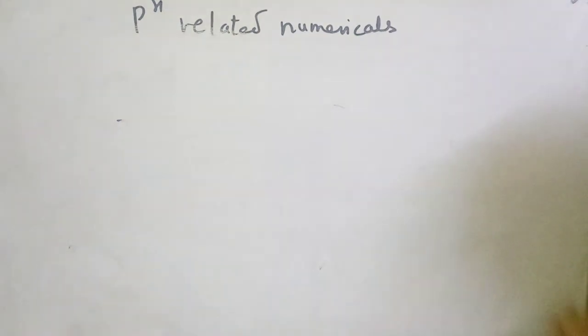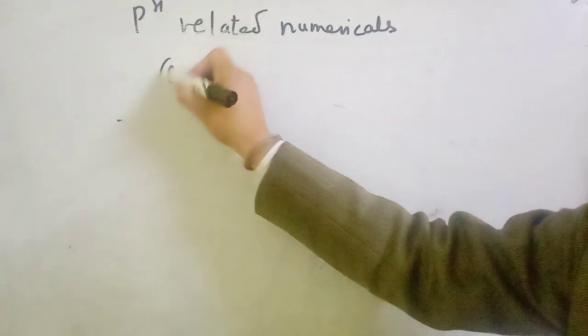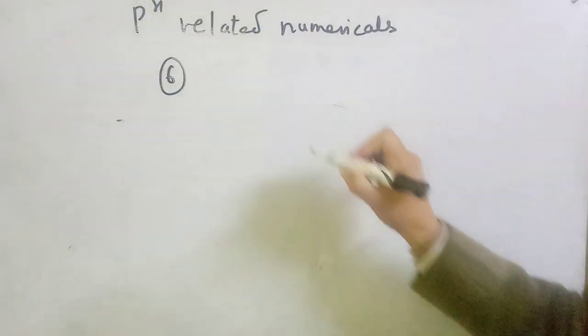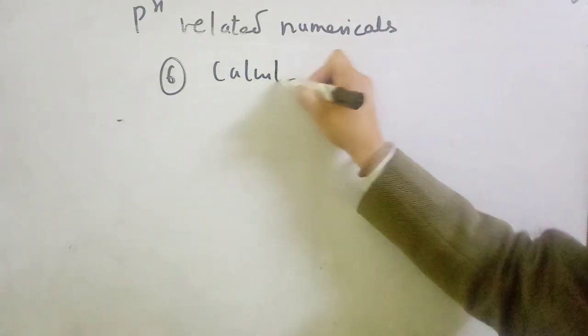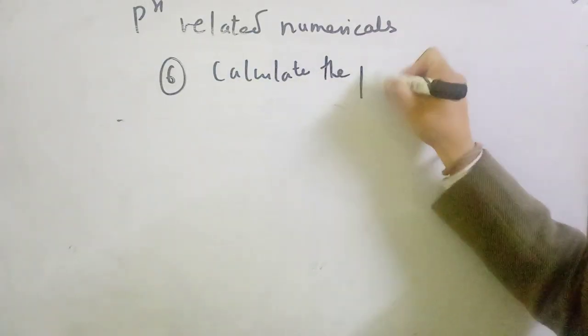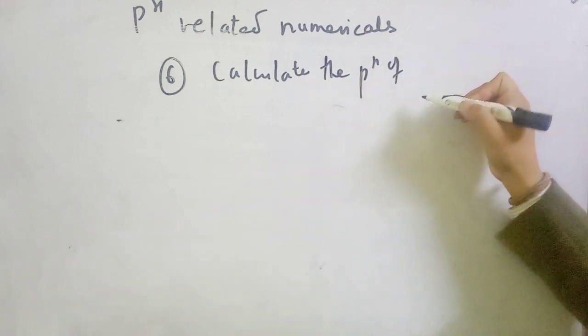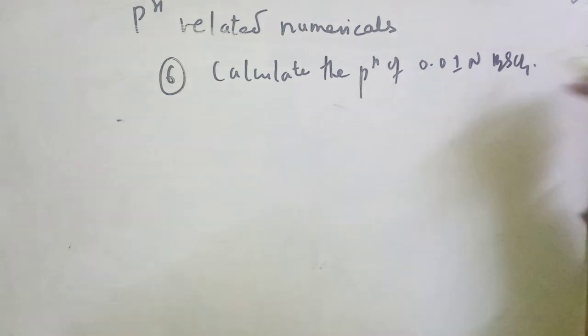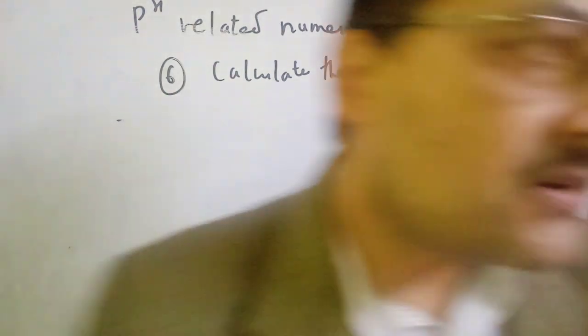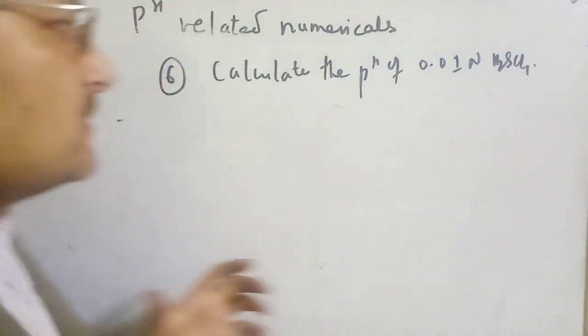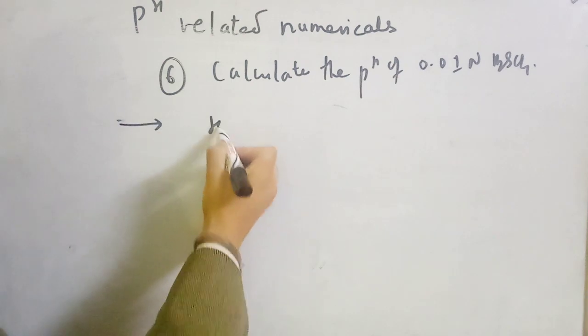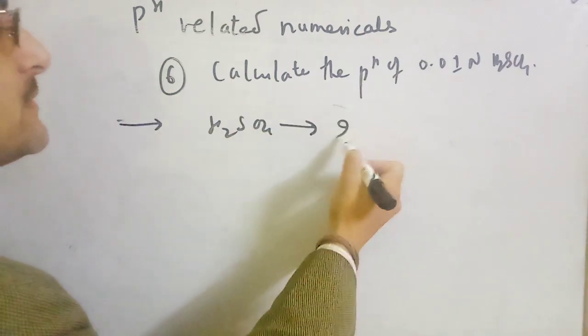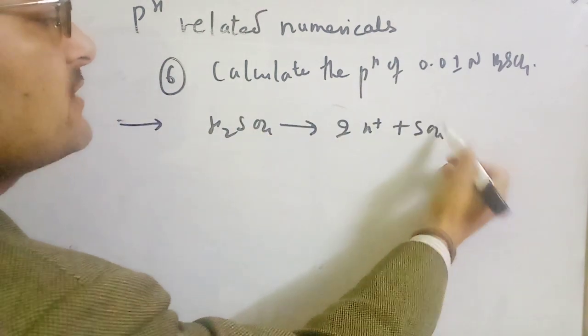Now I go to number 6. Okay, finally, in number 6, calculate the pH of 0.01 normal H2SO4. If we have this kind of problem, then H2SO4 is a dibasic acid. H2SO4 ionizes and gives 2H plus and sulfate ion.